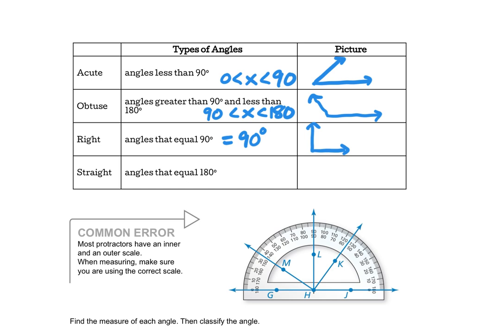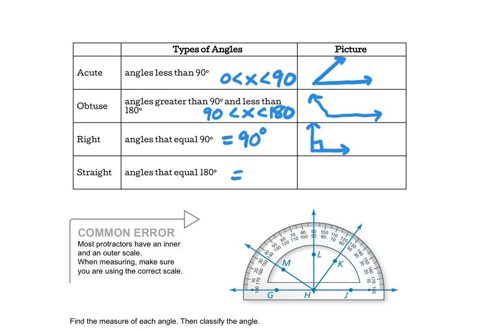Yeah, it's just a little square in the corner. You're going to see this symbol a ton throughout the year. This little square in the corner tells me that we have a right angle. I don't even have to tell you that it's a right angle, but if I see that square on the picture, boom, we know immediately that that is a right angle.